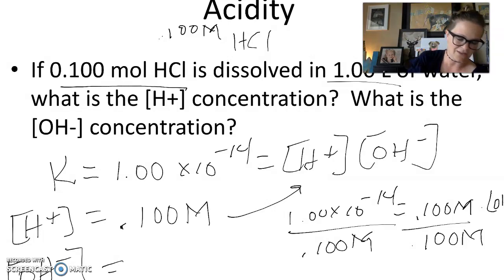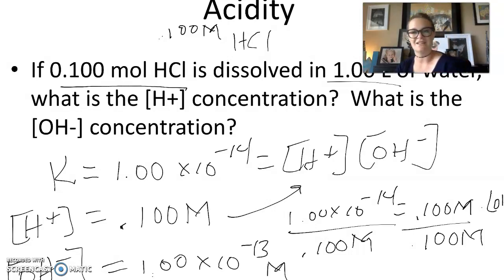When I do that math, I get 1.00, I think, times 10 to the negative 13. Really tiny. So that OH minus concentration, even though I put hydrochloric acid in the water, will never be 0 because water self-ionizes and there'll always be a little bit of OH minus present, but it's super small.